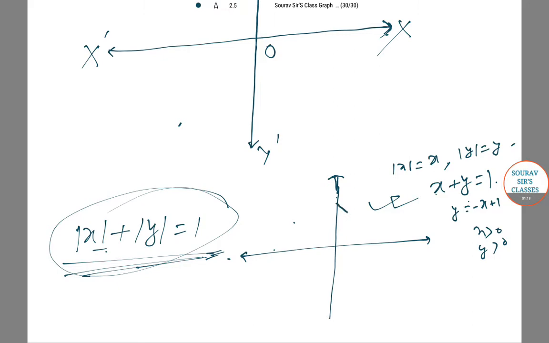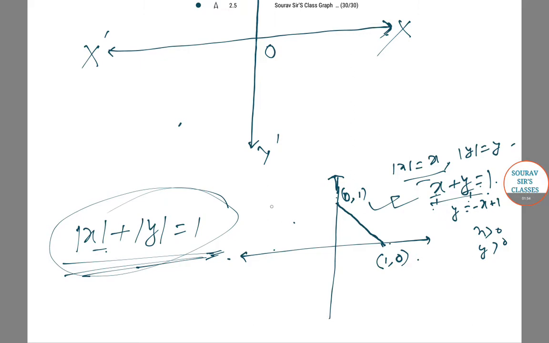So it is a line. It passes through 0, 1 and 1, 0. This is a straight line, x by 1 plus y by 1 equal to 1. So this line is representing this straight line.